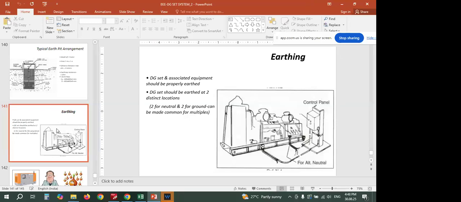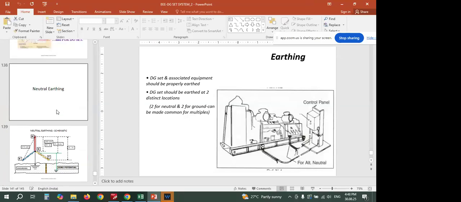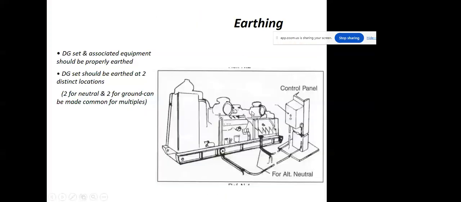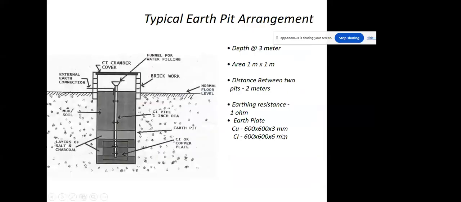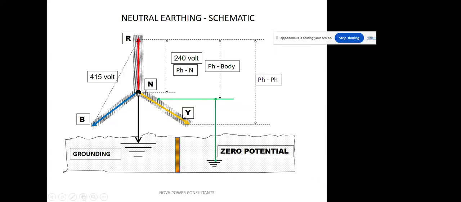Okay, so far as the earthings are considered, normally, the earthings are given for the body and for the neutral also. There are two systems. The neutral should be grounded and the body also should be grounded separately.